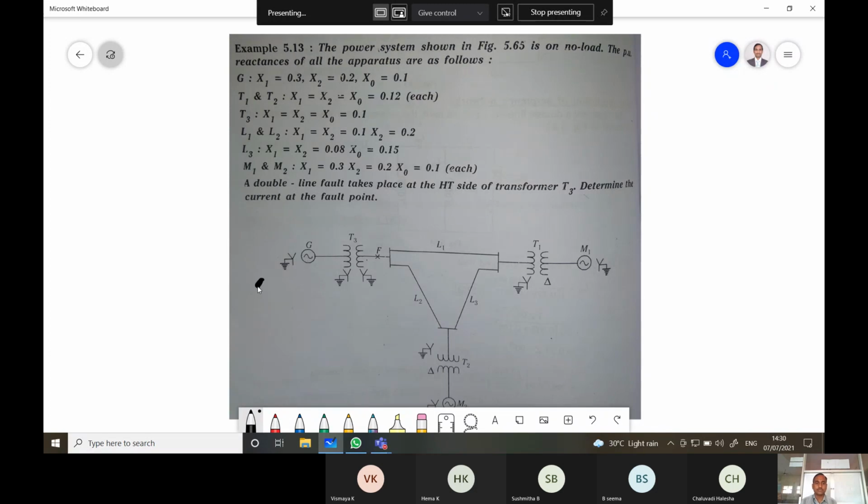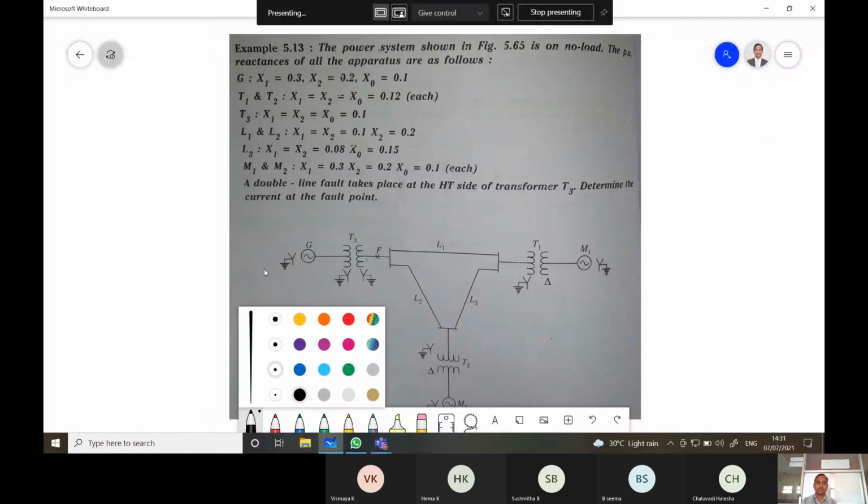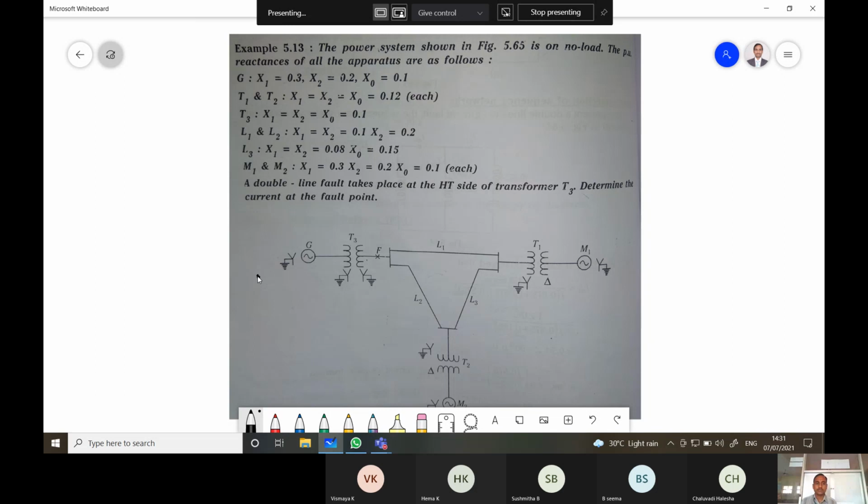So generator X1 is equal to 0.3, X2 is equal to 0.2 and X0 is equal to 0.1. So directly we need to write positive sequence network and negative sequence network here, and T1, T2.